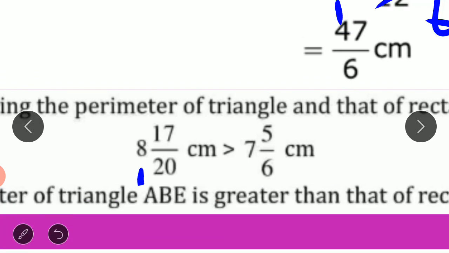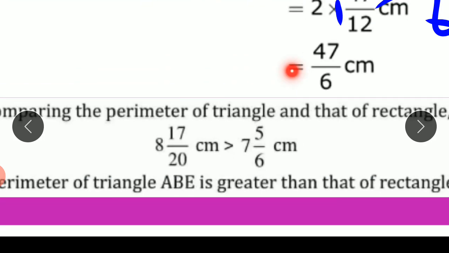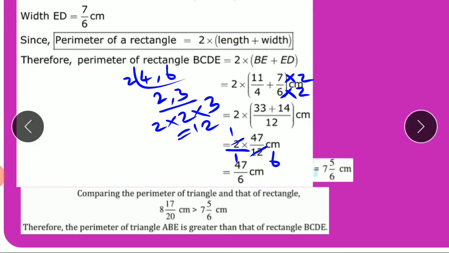Here 8 and here 7. First you compare the whole numbers. Which is greater? 8. So 8 and 17/20 centimeter is greater than 7 and 5/6 centimeter. So the perimeter of triangle ABE is greater than that of the rectangle BCDE.